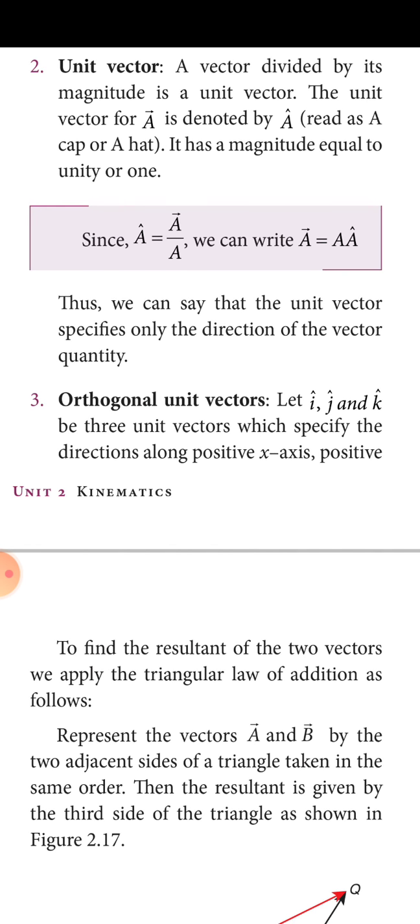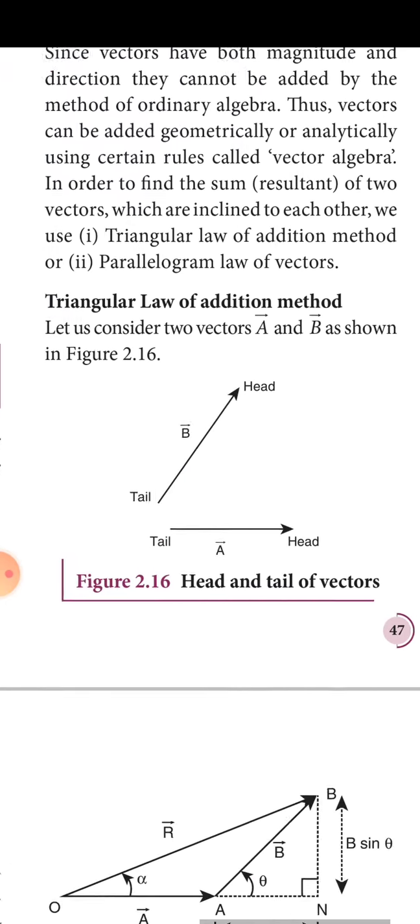The third one is orthogonal vectors. Let i cap, j cap and k cap be the three unit vectors which specify the directions along the positive x-axis, positive y-axis and positive z-axis respectively.